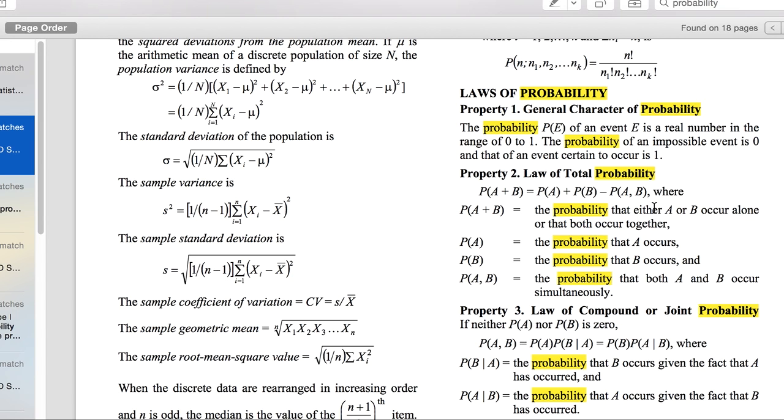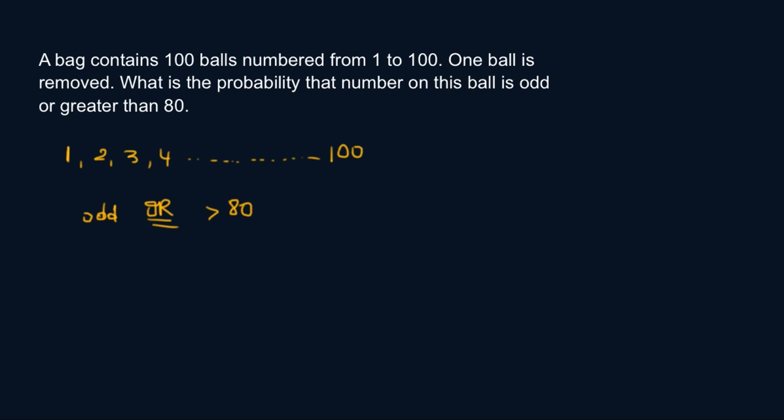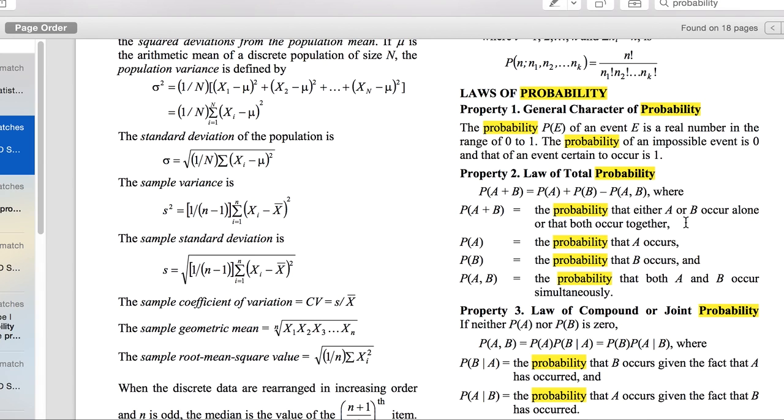So this is the probability of either the ball being odd or the ball being greater than 180 alone, separately, or that both occur together, meaning you can have a ball that's both odd and greater than 180. So that's how we read this problem.